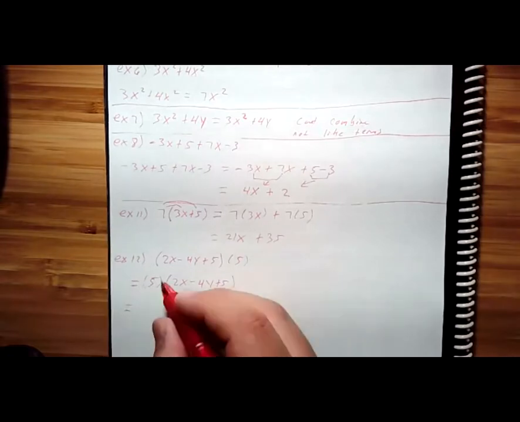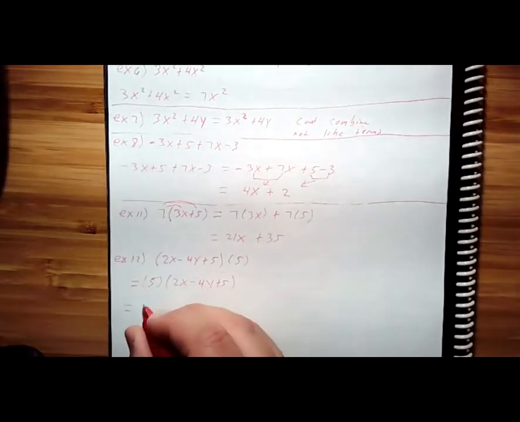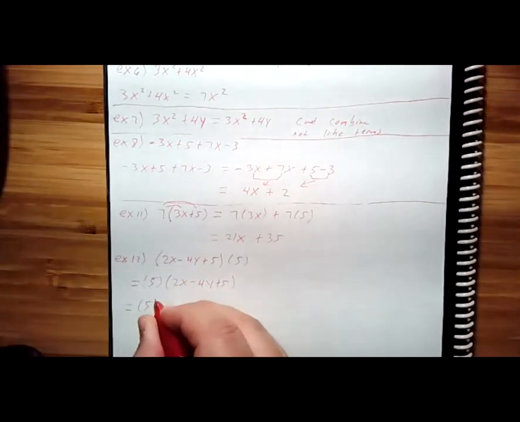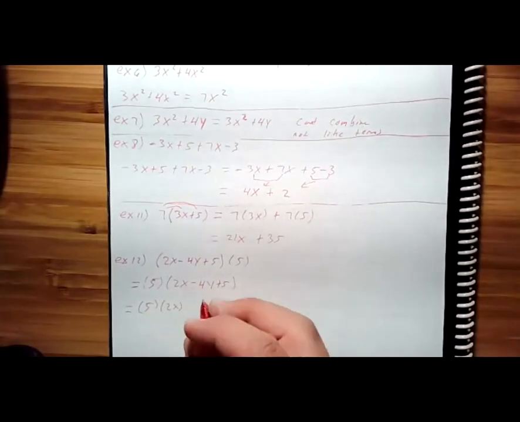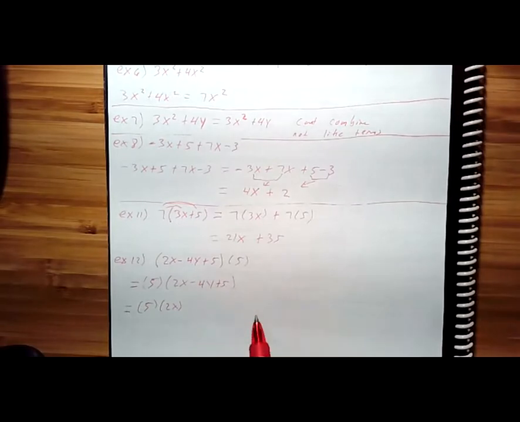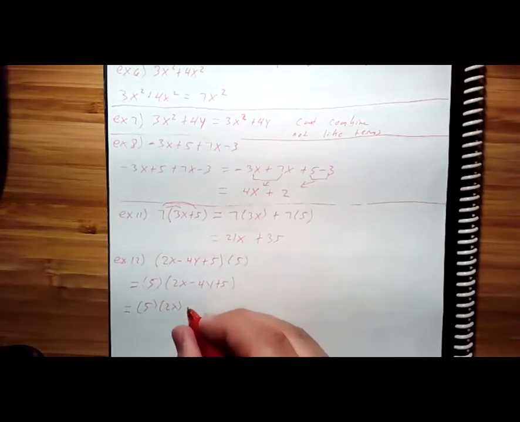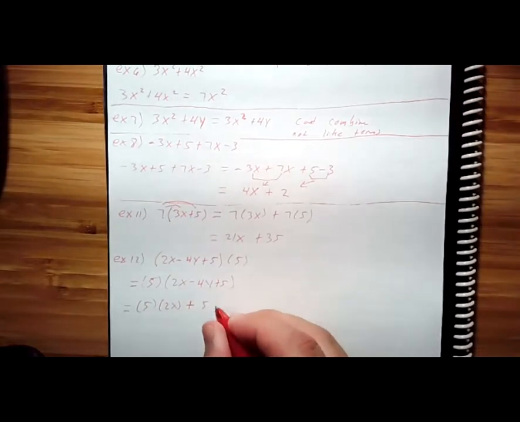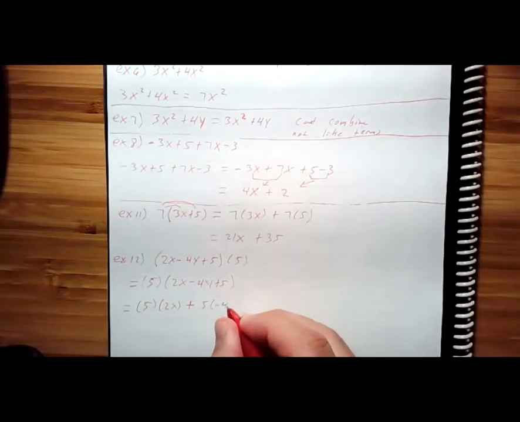So let's show the work. 5 times 2. 2x is positive, so it'll be just 2x. I'm going to put minus. So this step is up to you. You can just separate them all by plus to make it simple and put the minus inside here.